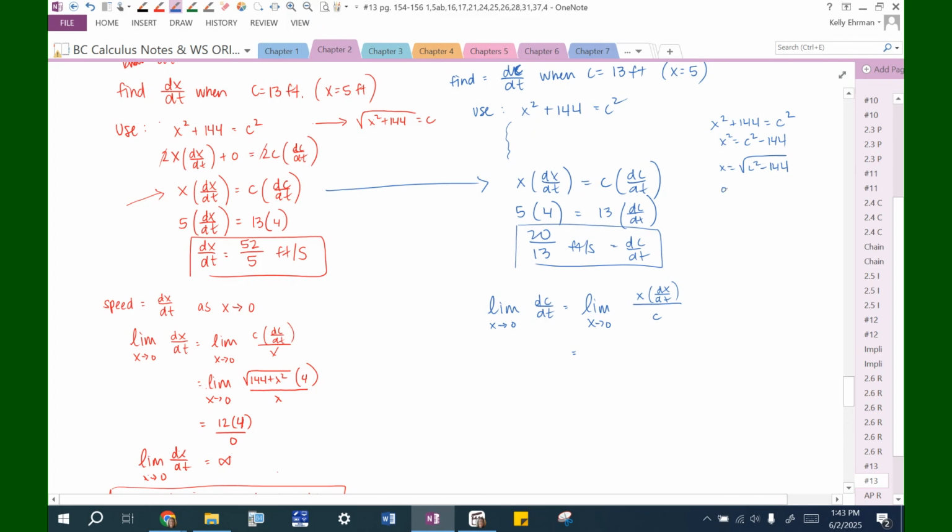And if x is 0, then what is c? Because I need something to directly substitute in for c here. So if x is 0, what would c have to be? You can solve this, or you can just say, oh yeah, c would be 12, because I'd get 144 minus 144 under there. So let's change this to the limit as c approaches 12. It's probably from the right or the left. I don't want to think too hard about that right now. It's probably from the right, I guess. Of, instead of x, the square root of c squared minus 144 times dx/dt, which is 4, over c.